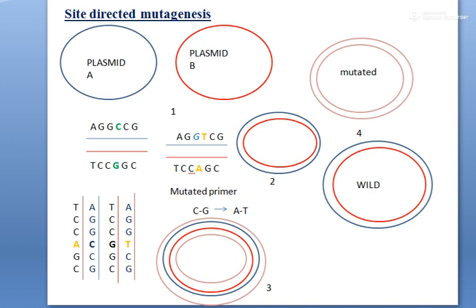We need a mutated primer and we need some plasmids or vectors, like plasmid A and plasmid B. So what we need to do is introduce the mutated primer to this single stranded DNA or plasmid.